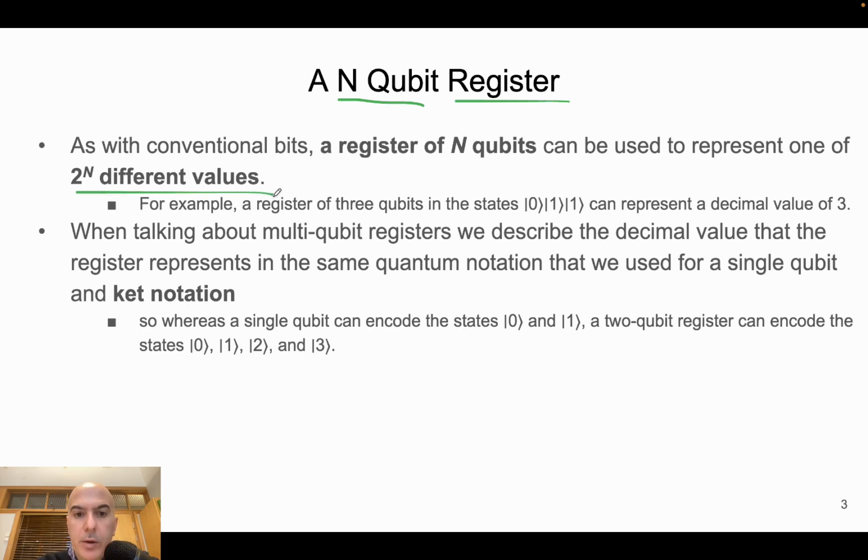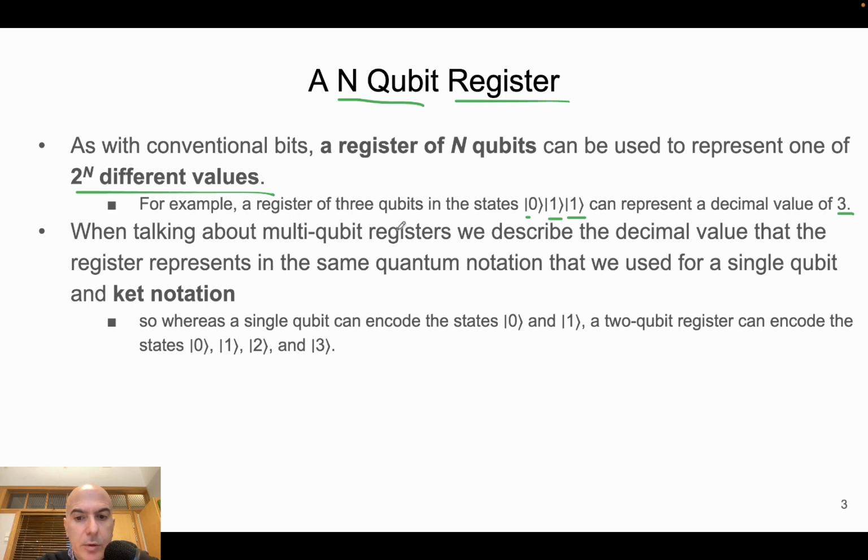So for example, a register of 3 qubits in the state 0, 1, 1 can represent an integer value of 3. When talking about multi-qubit registers, we describe the decimal value that the register represents in the same quantum notation that we use for a single qubit, the ket notation.